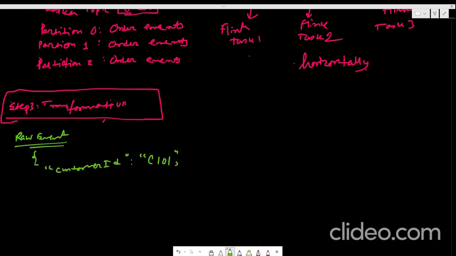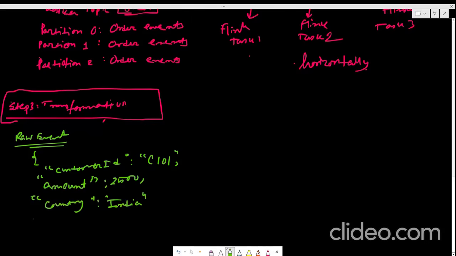Next we have the amount, suppose it is 2,500. And next we have the country. Country is suppose India. So that is the raw event, or you can consider it as the raw data as well.